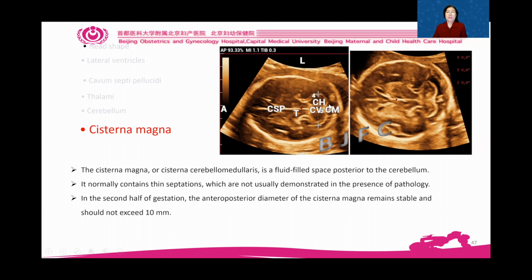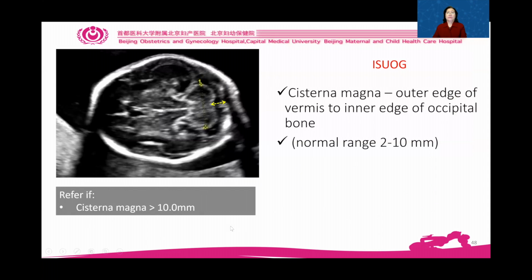The CM normal value is below 10 millimeters. Measure from the outer edge of the vermis to the inner edge of the occipital bone, normally 2 to 10 millimeters.